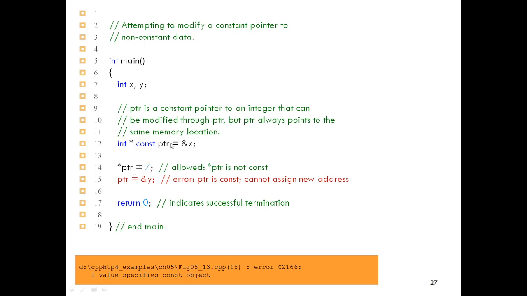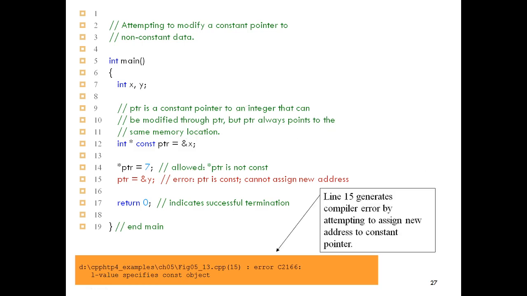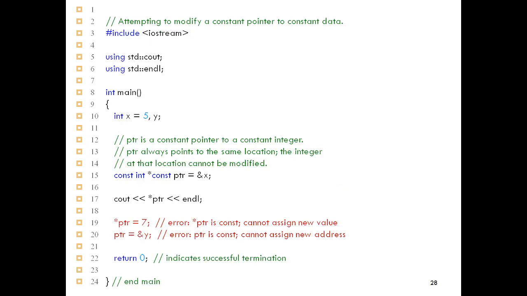So actually the address is constant but the value is not, so that's why line 7 works. But when they try to assign the pointer another address, it's not allowed, because you already defined it as const in line 12. The pointer can never change, so it's not allowed. So it should be more controllable. You can control this pointer if you want a constant position.